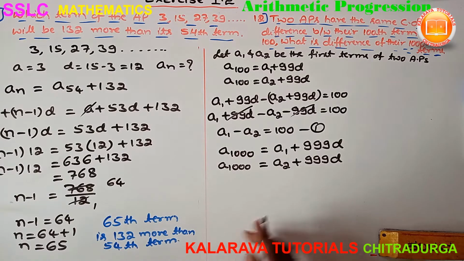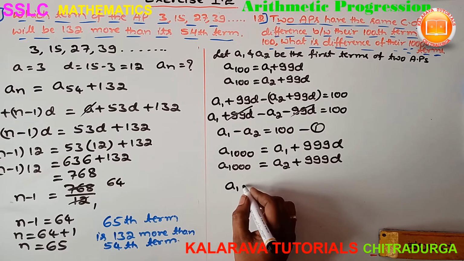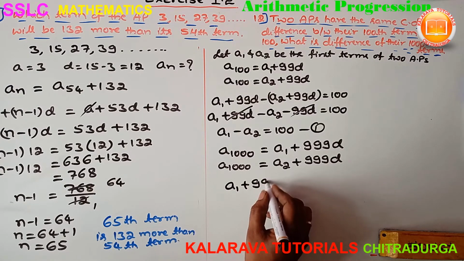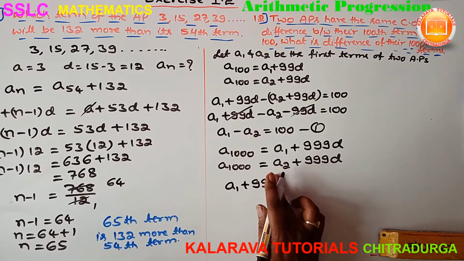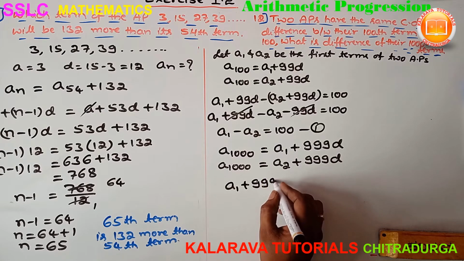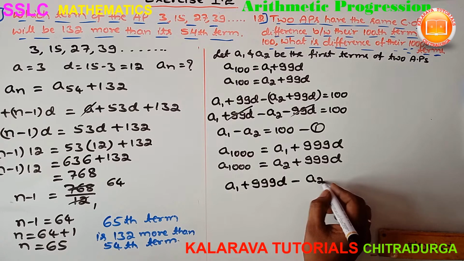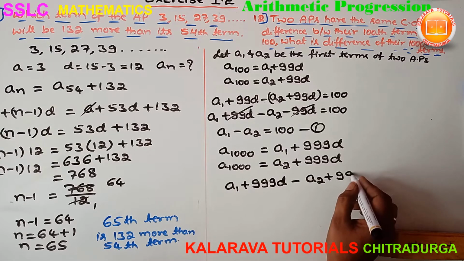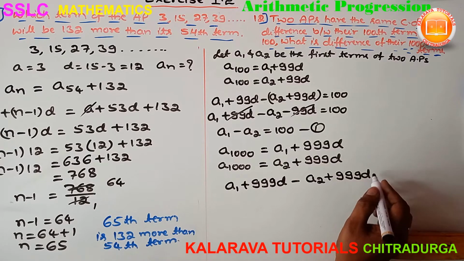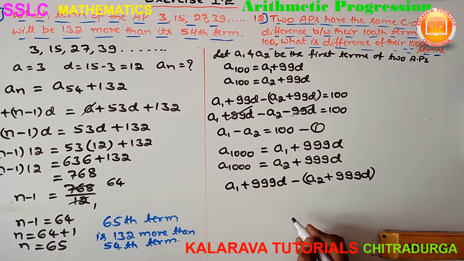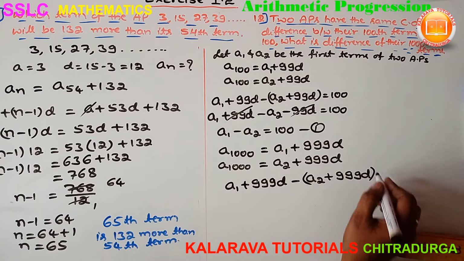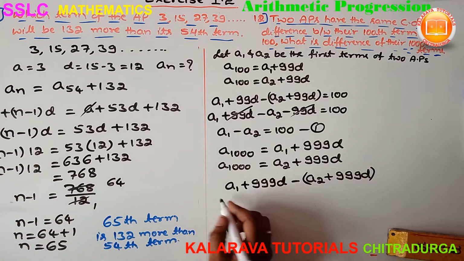So I write the difference here: (A1 plus 999d) minus (A2 plus 999d). So here we put this in the bracket. So that is equal to, we have to find out the difference of this one.